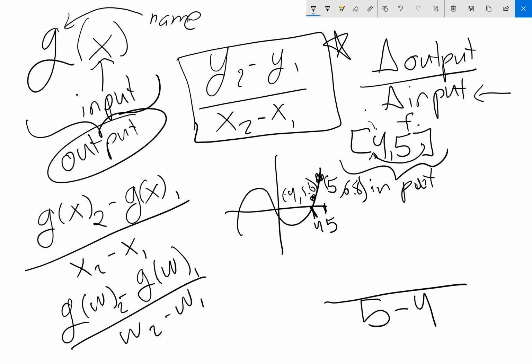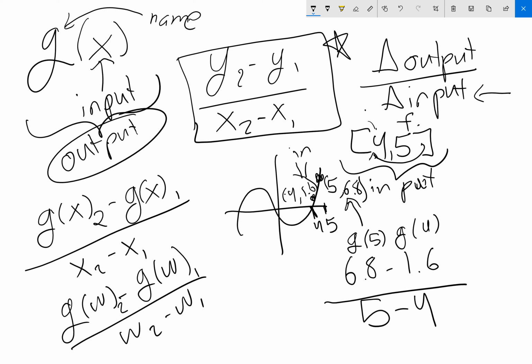I feel like Dora the Explorer, waiting for you for an answer. That is correct! This is our final output. This is our initial output, right? So we're going to do 6.8 minus 1.6. This is g of 5, and this is g of 4.